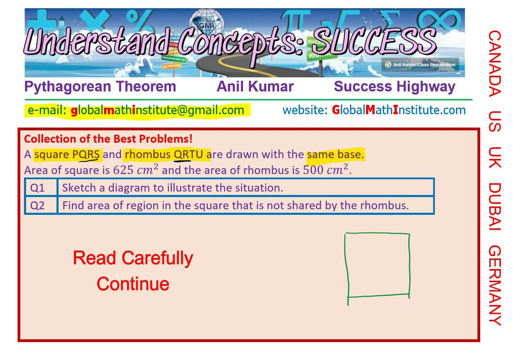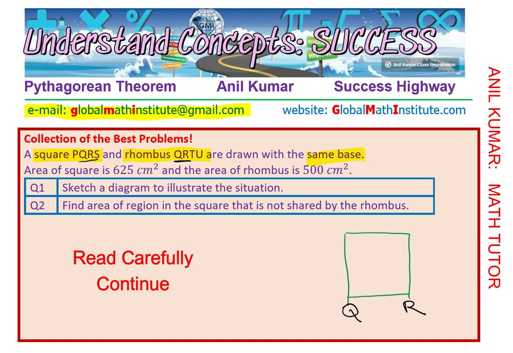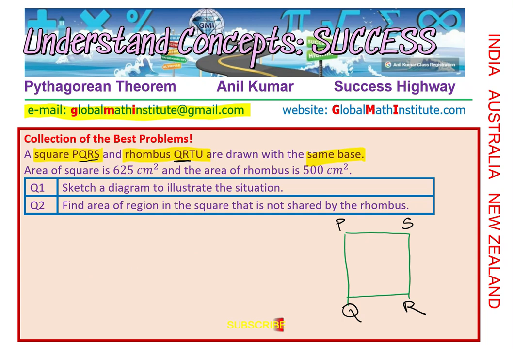So that means the base should be QR, same base. Now, square is PQRS, so I can write square as PQRS. It is good to have clockwise or counterclockwise naming. So I hope that part is clear, right? Now, square has an area of 625, we'll see that.